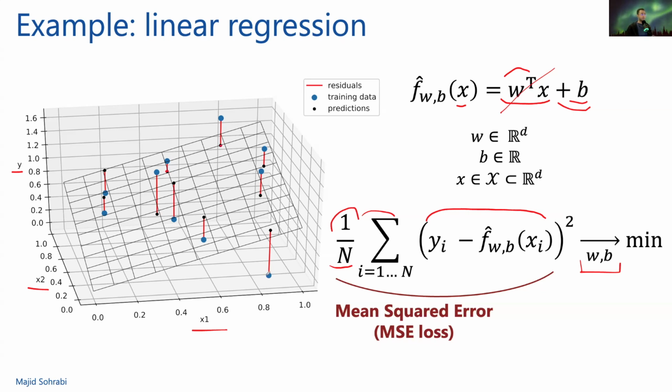And the training points are blue points, and these distances are denoted as these red lines between the prediction and the true ones. And we want to minimize the sum of squares of all of these errors together, to find the W and B which give me the best plane on this plot.